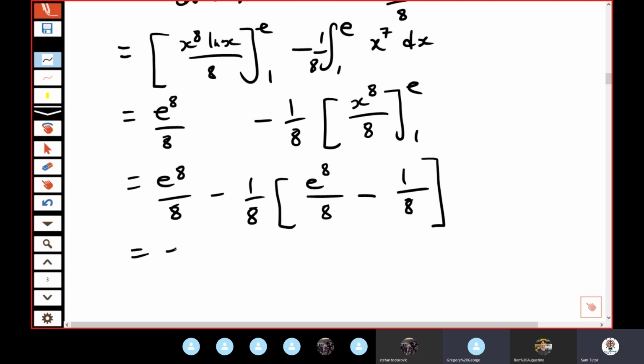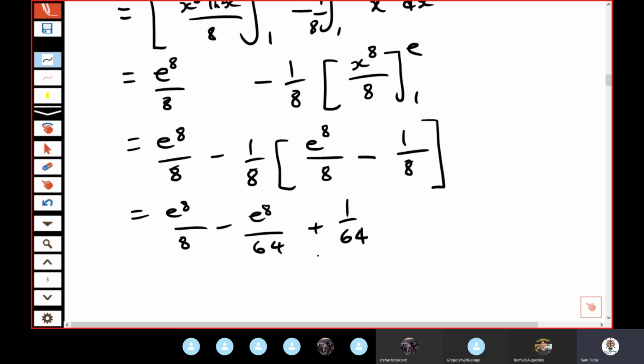And then e to the 8 on 8 minus e to the 8 on 64 plus 1 on 64. And really, if you'd like to simplify everything, make it over a common denominator of 64. That becomes 8e^8 minus e^8 plus 1 on 64.